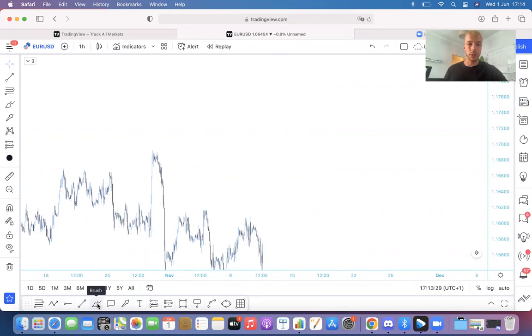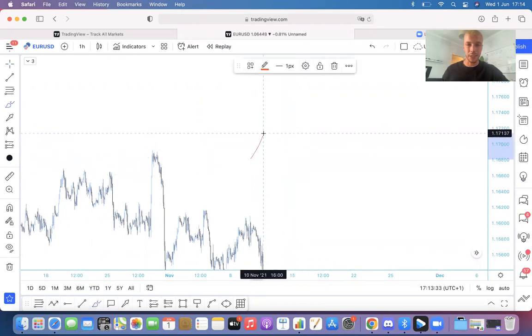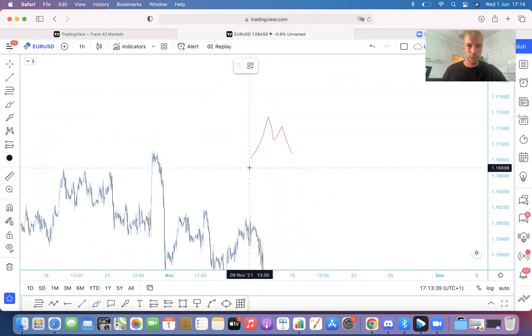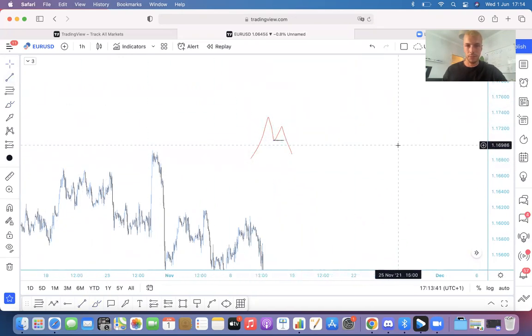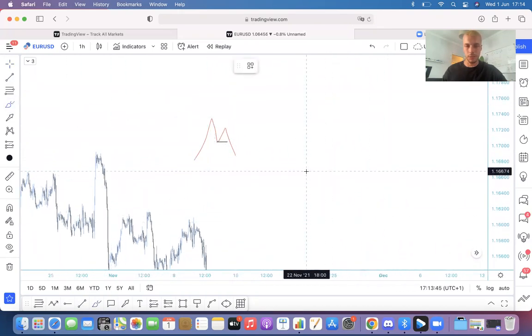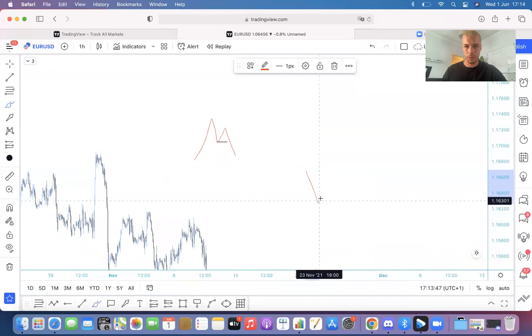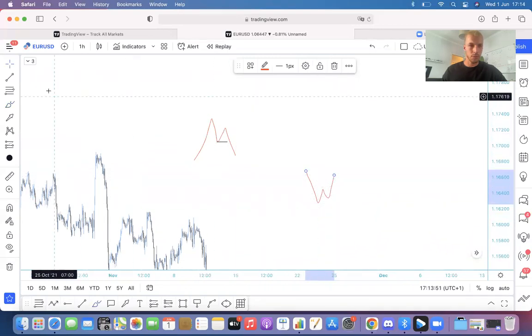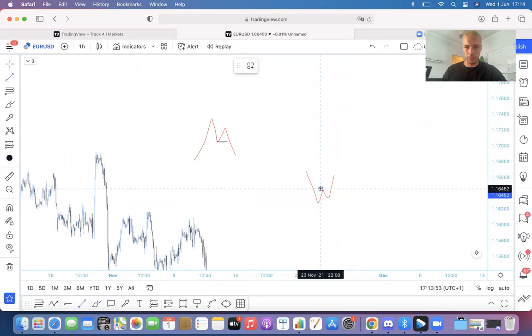One thing I would like to point out before starting, I forgot to say it in the other lesson, is that this is not a strong high. This breaker structure doesn't become a strong high. It doesn't create a strong high, strong low right here, sorry.